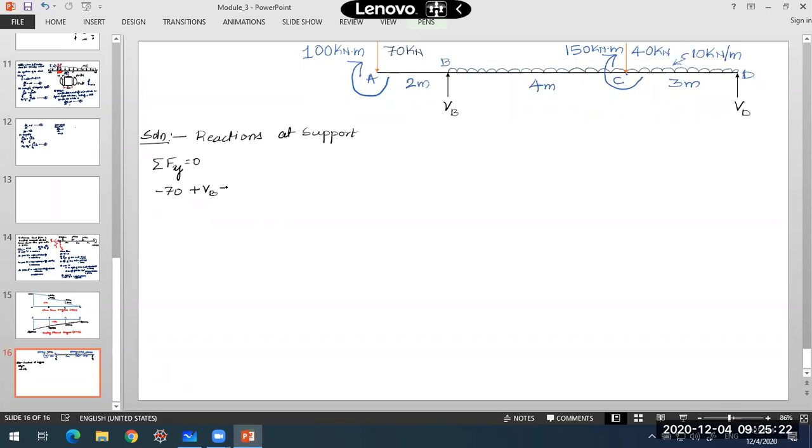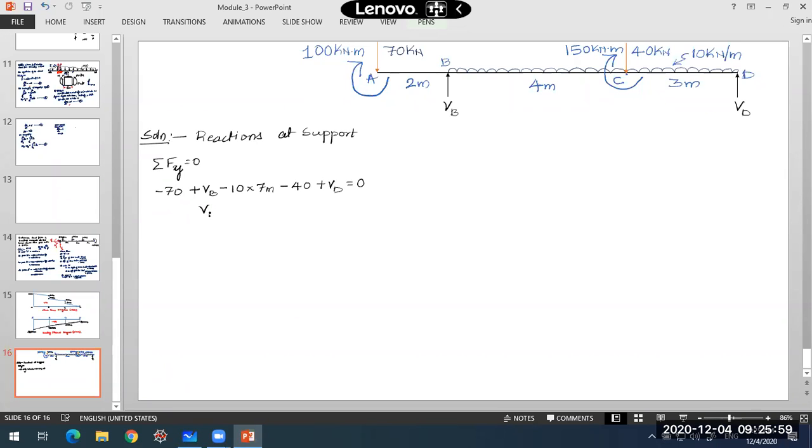Since it acts downwards, minus 10 into 7 meters. I have one more force here, 40 kilonewton concentrated load applied at C, minus 40. And at point D, I have the reaction VD, which is equal to 0 in sum.